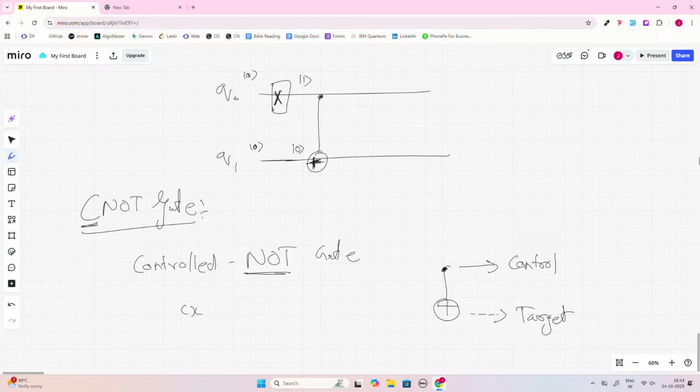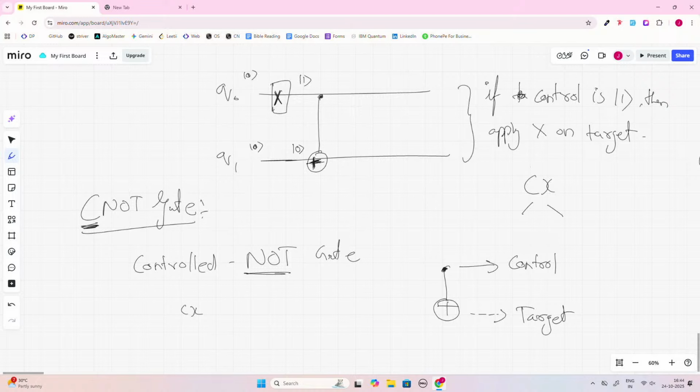What is the meaning of this C symbol? Okay, just try, don't go like controlled X gate. I mean, don't go like C naught gate, but I'm telling the meaning of C. What is the meaning of control? Simple. This defines that if control is 1, then apply X on target. So that is the meaning behind a controlled gate. Okay, so this is the meaning behind your CX gate.